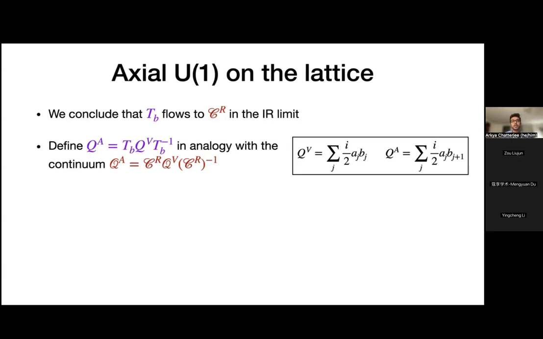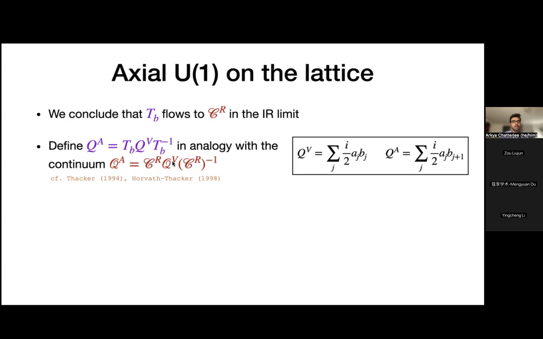So the upshot is that you end up with QV and QA, which both commute with the Hamiltonian. QV, of course, commutes with the Hamiltonian. We already argued that QV is the usual number conservation symmetry. But since TB is also a symmetry of the Hamiltonian, when you conjugate QV by TB, this whole thing is also a symmetry of the Hamiltonian.